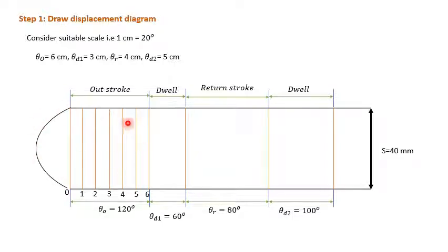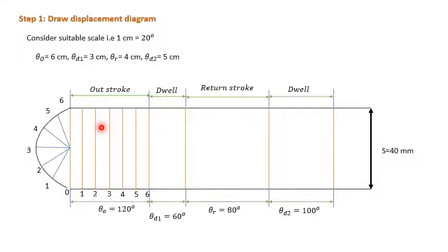Then we have to divide this semicircle into the same number of equal parts. Since we have split the outstroke and return stroke into 6 parts, we have to divide this semicircle into the same number of equal parts. So we are dividing this semicircle into 6 equal parts.